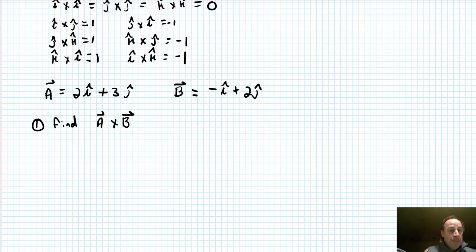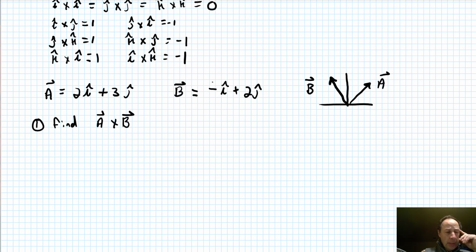All right. So I'm just going to draw a little sketch over here. This is a 2D problem. Just so we know that A is going to be over here. We know that B is going to be on this side because it's a negative, right? We've got a negative sign here. So B is going to be over here.